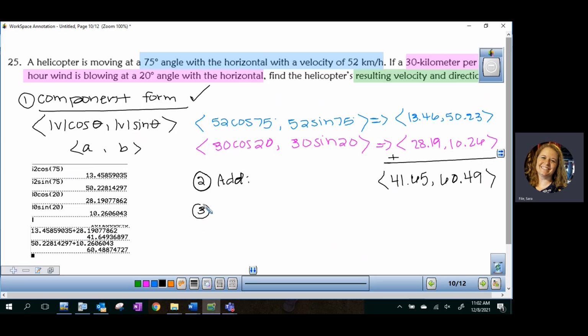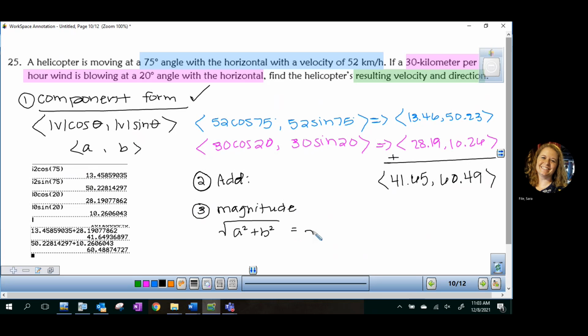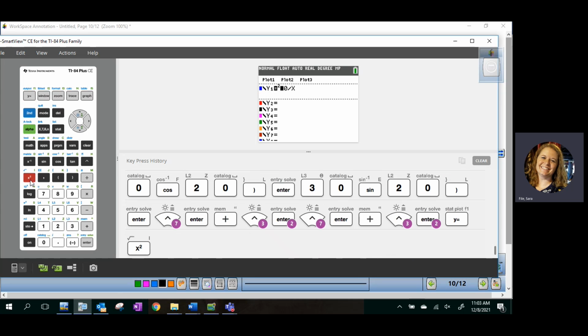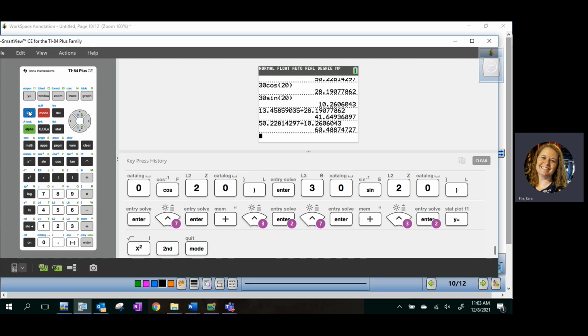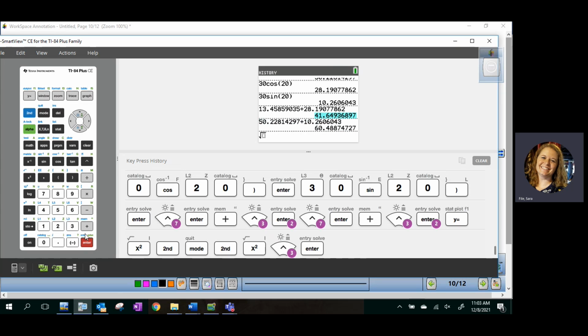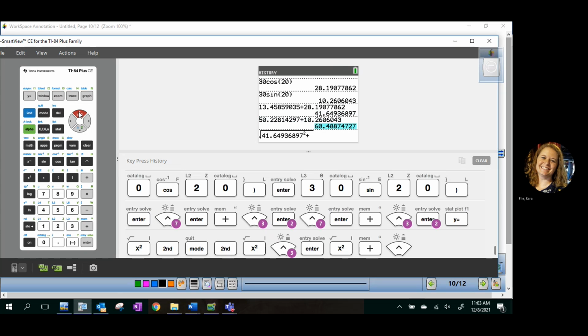Okay, so step 3, the magnitude, remember, is found by doing the square root of a squared plus b squared. So that's my A and that's my B. In my calculator, I'm going to do the square root of A squared plus B squared.